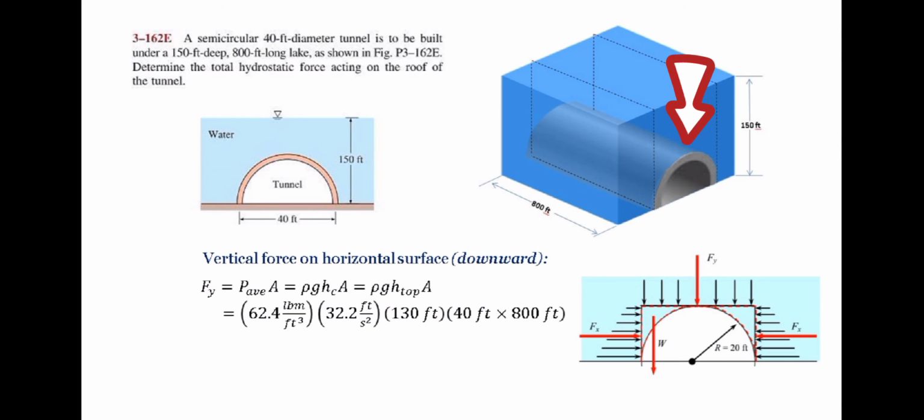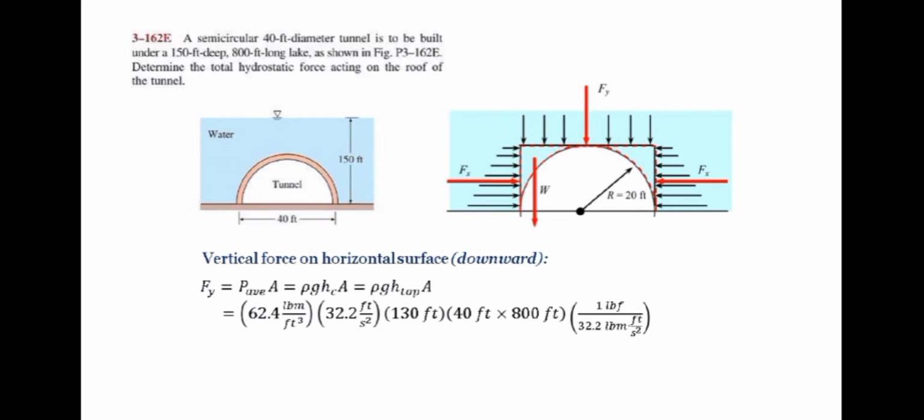So above this part, then multiply by 1 pound force over 32.2 pound mass feet per second squared to cancel the units. Calculate, and it will result in 2.596 times 10 raised to the power of 8 pound force. That is the vertical force on the horizontal surface.